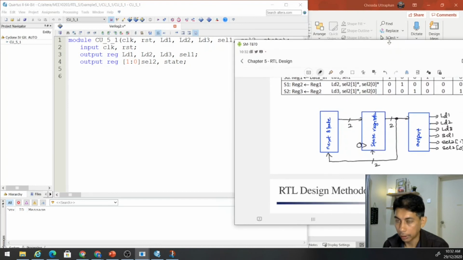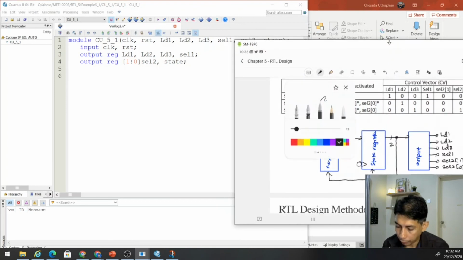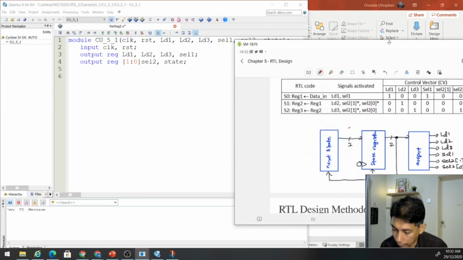So we need that, and the name for this signal is called next state, and this signal is called state.